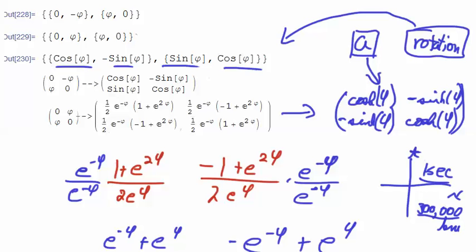And the other difference, in the mathematics, is that there's a positive sign here and a negative sign here, and everything else is exactly the same when you compare the concept of acceleration and the concept of rotation.